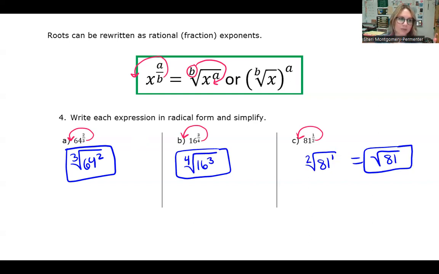Now, let's simplify if we can. One of these is super easy to simplify. Which one is super easy to simplify? What's it become? Yeah, the square root of 81. It is 9.